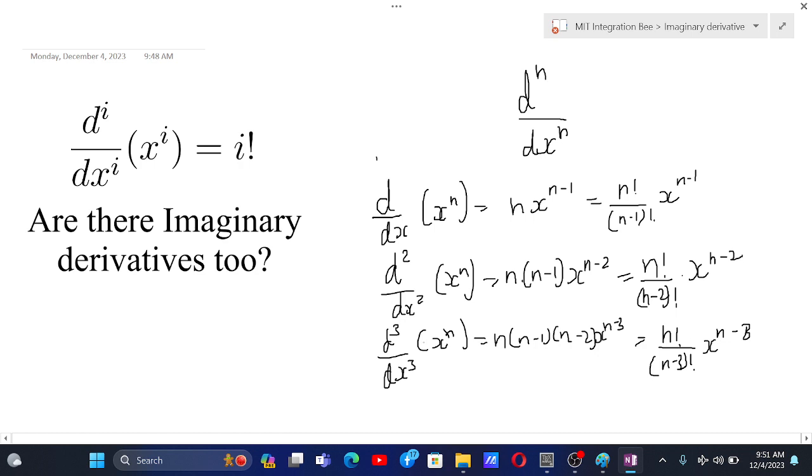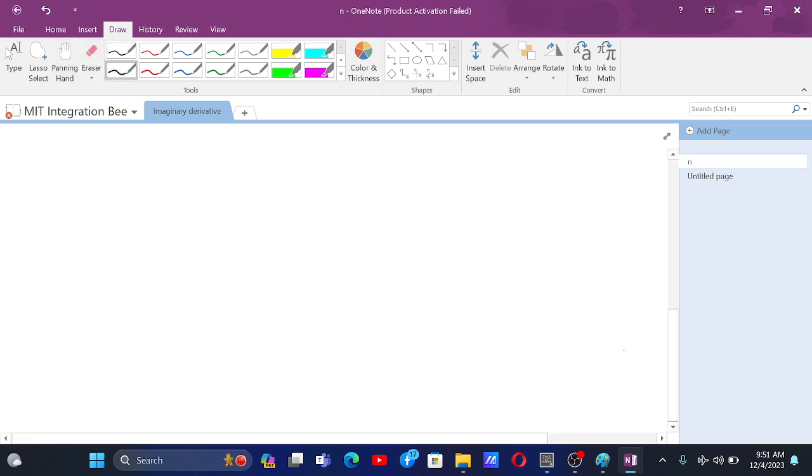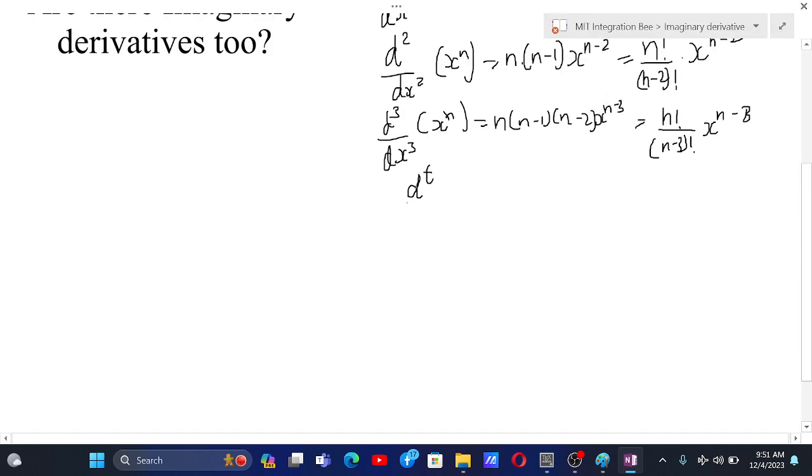Now here comes the generalization. For any power t, we can write d to the power t by dx to the power t of x to the power n as n factorial by n minus t factorial, and then x to the power n minus t.